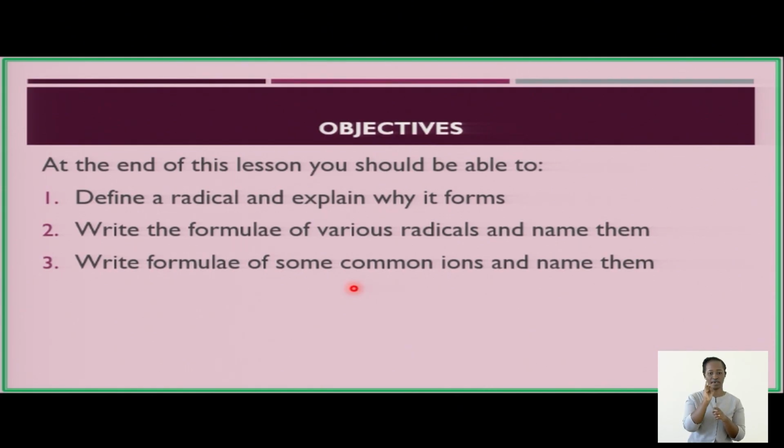Just like how we used to write the symbols of elements, you should also be able to represent radicals symbolically and name them. And number 3, we should be able to write formulas of some common ions and name them. So we will also have a look at what we call ions.